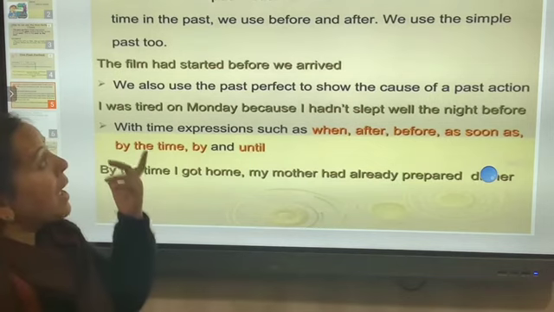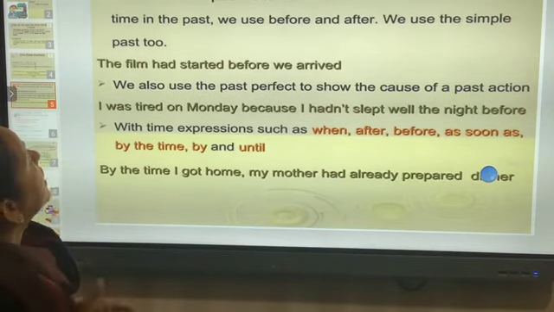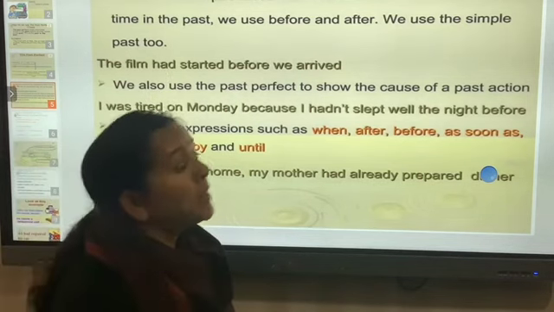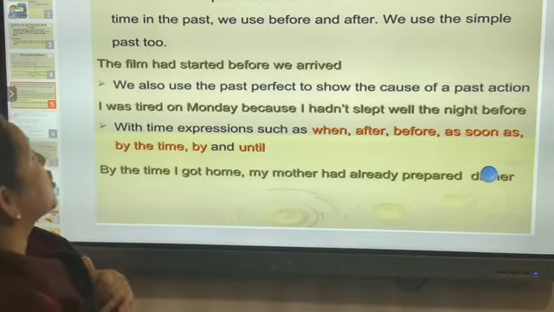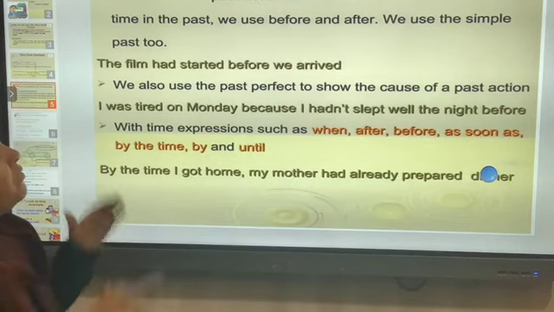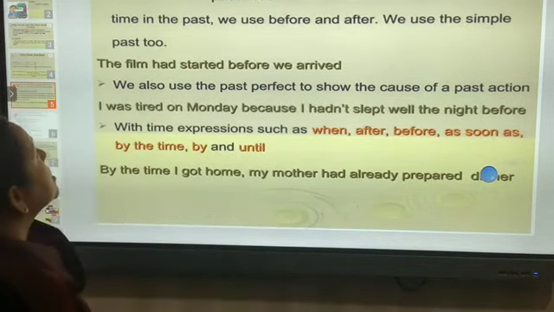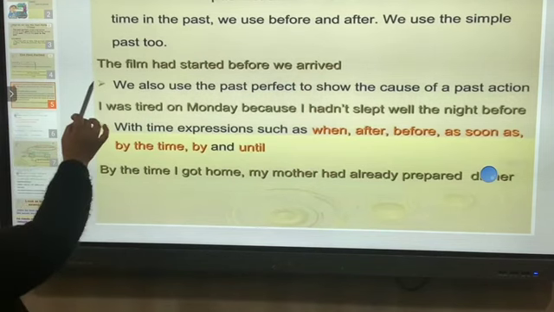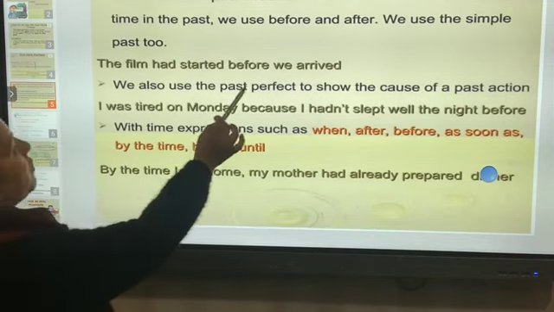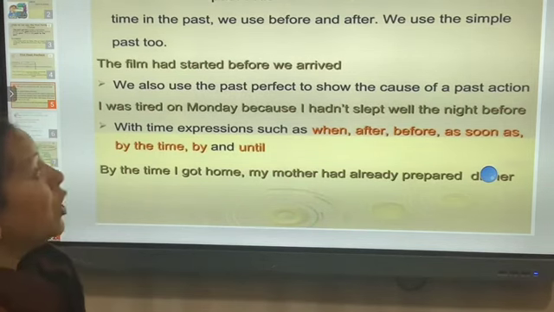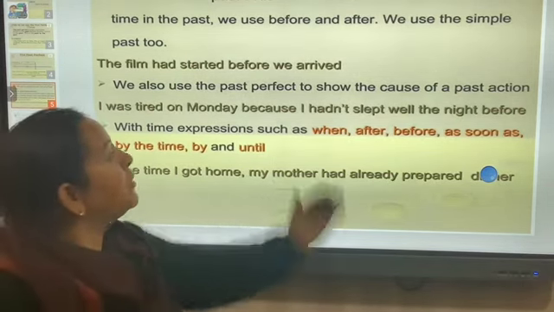By observing the above examples, we can conclude that to talk about a past action that ended before another action or time in the past, we use before and after. We use the simple past too. Example, the film had started before we arrived. We also use the past perfect to show the cause of the past action.